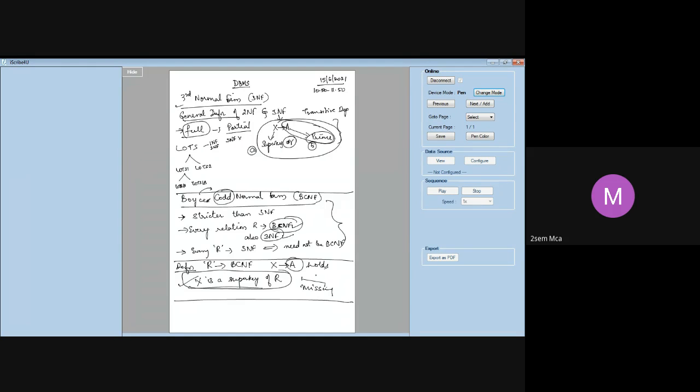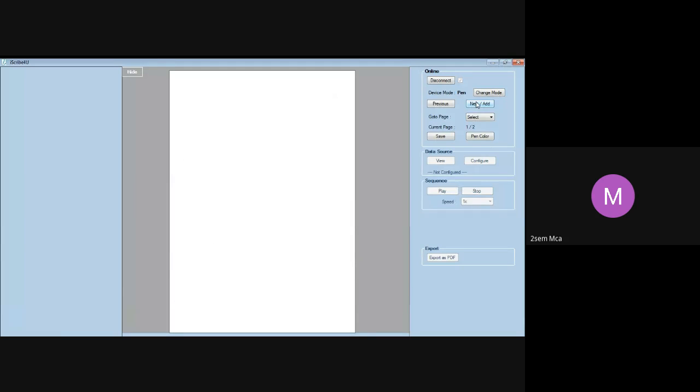Now, we'll take an example of a relation, and let us check if it is in BCNF and then try to see how we can bring it back into BCNF. Suppose I take the same example with respect to lots.